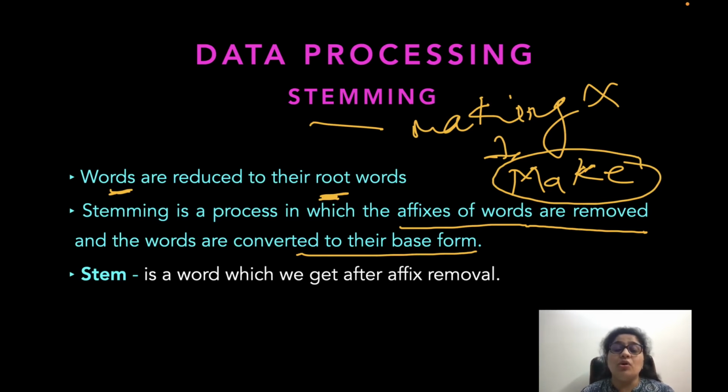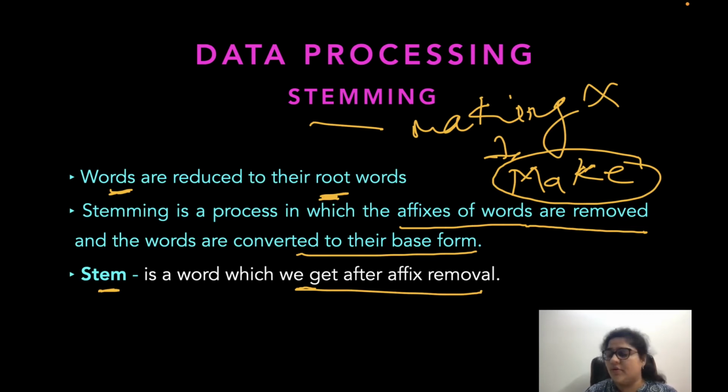Whatever extra things are added in the word or any conversions done in the word, everything should be removed and the word should be brought back to its base form. This is done as a part of a process called stemming. Once the stemming is done, the word we get as the output is called the stem. So what is the stem? Stem is the word we get after affix removal.